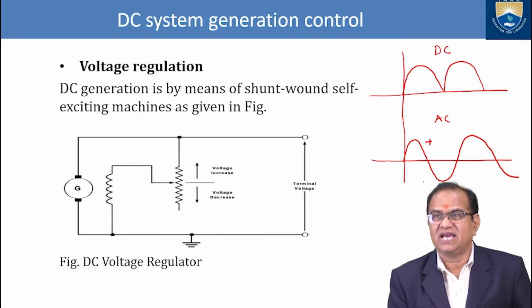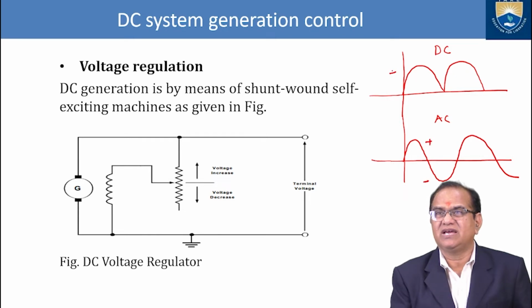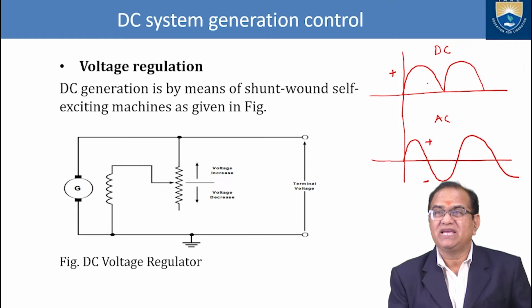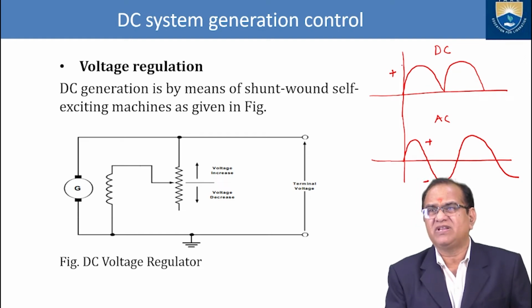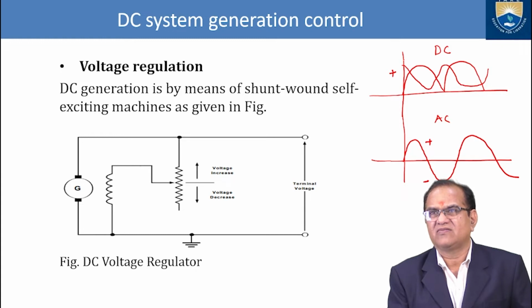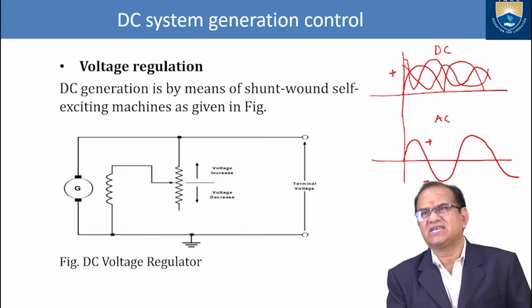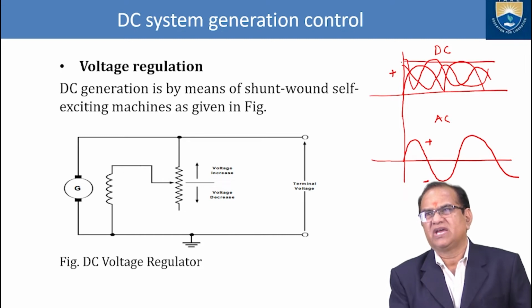It is a plus direction and this is the minus, and here only in the plus direction. Normally, if it is a single phase, it will be like this. If it is multi-phase, it will go like this, and if some more are there, it will go like this, and so it is acting smoother.